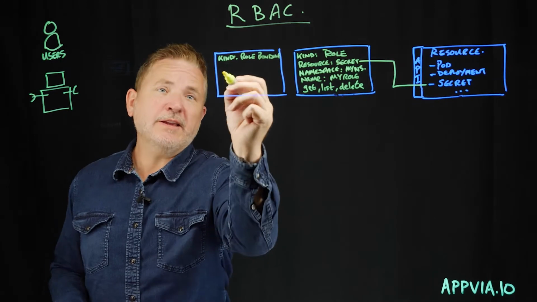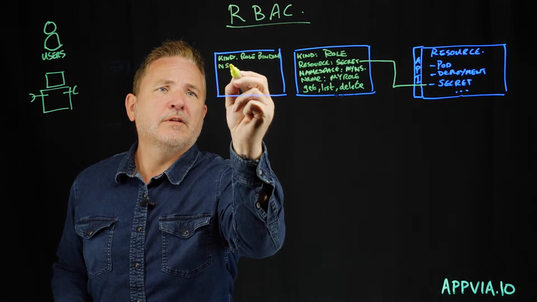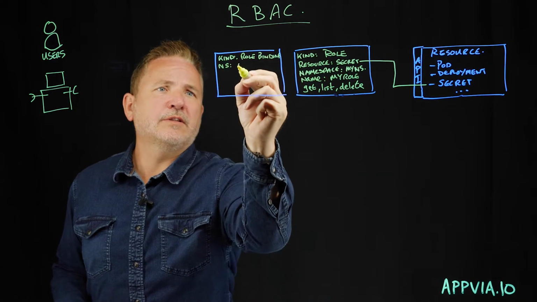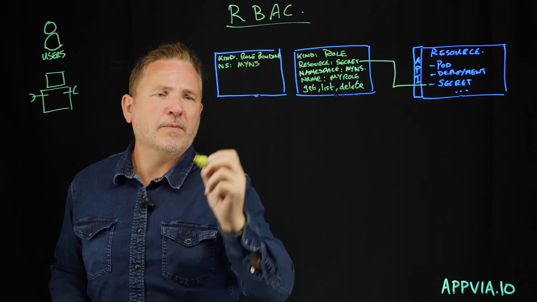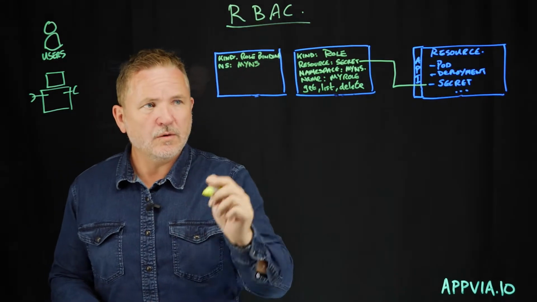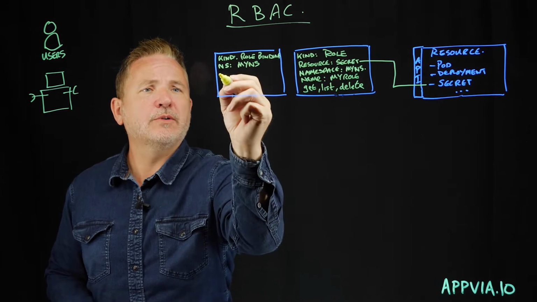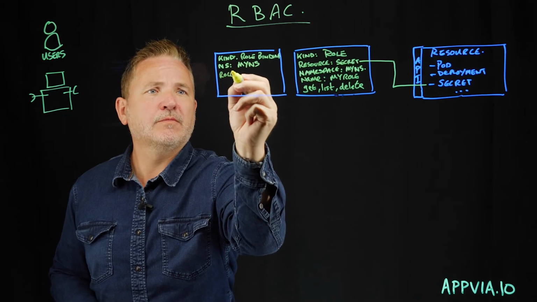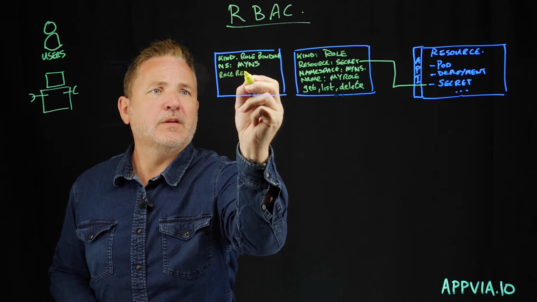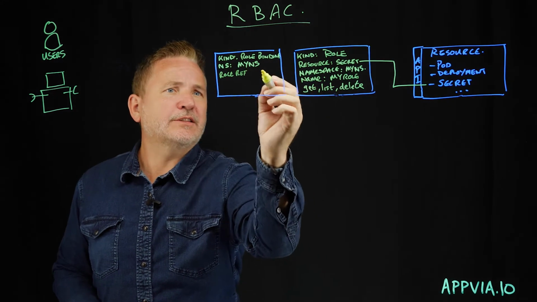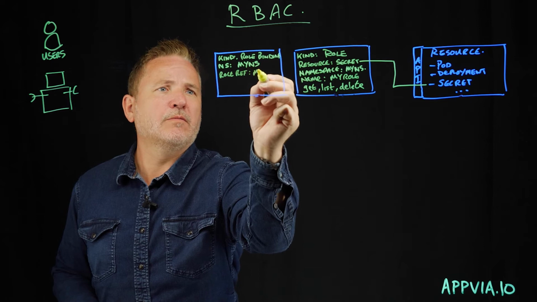It's also got a namespace. And that namespace, it's still my namespace. We need to connect the role binding to the role, so we have a role reference. And that role reference connects the name, so my role.